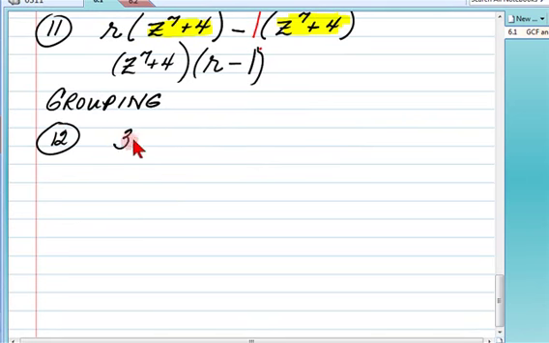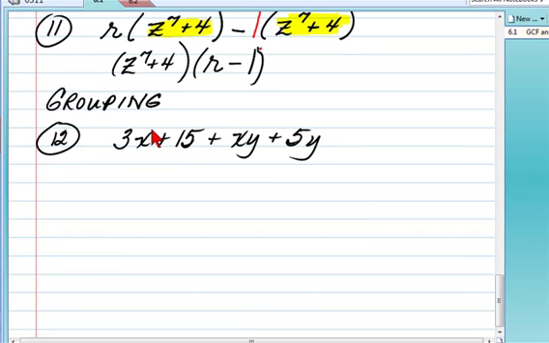What if I had 3x plus 15 plus xy plus 5y? How many terms do you see up there? Altogether, 4 terms. Anytime you see 4 terms, your brain should click grouping.